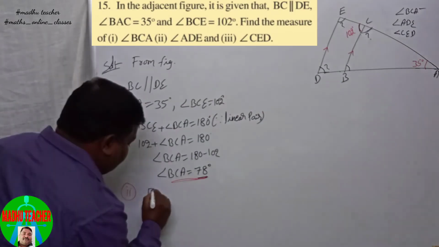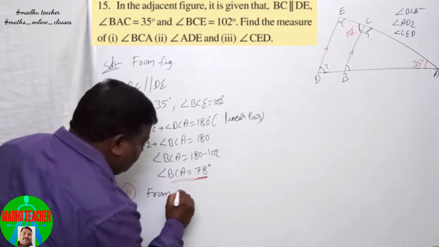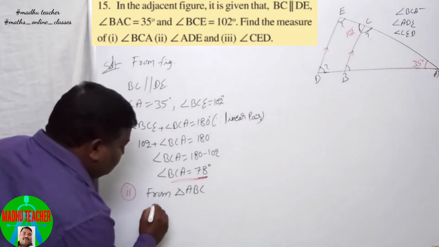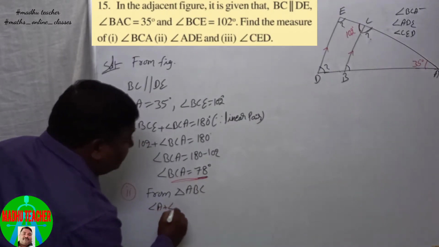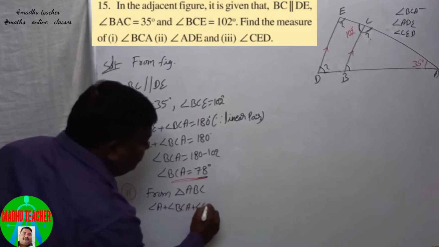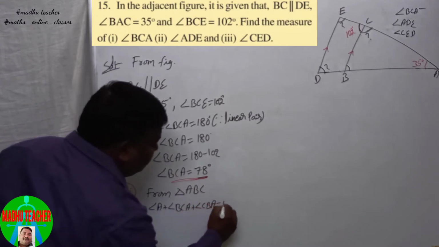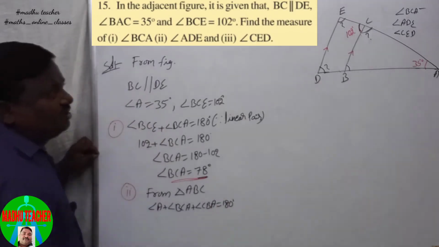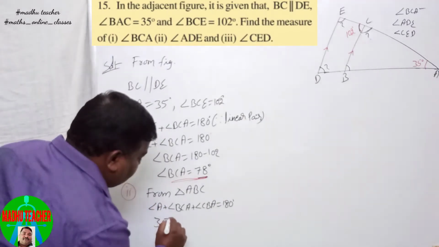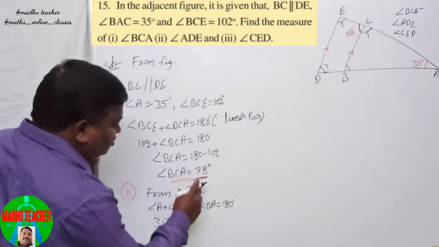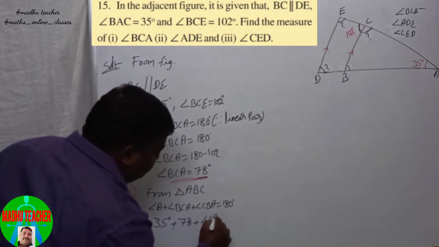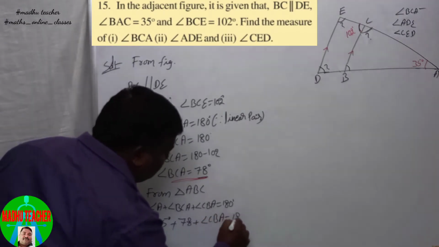So from triangle ABC, angle A plus angle BCA plus angle CBA equals 180 degrees. Angle A is 35 degrees, that is given. Angle BCA, we got here, is 78, plus angle CBA equals 180 degrees.